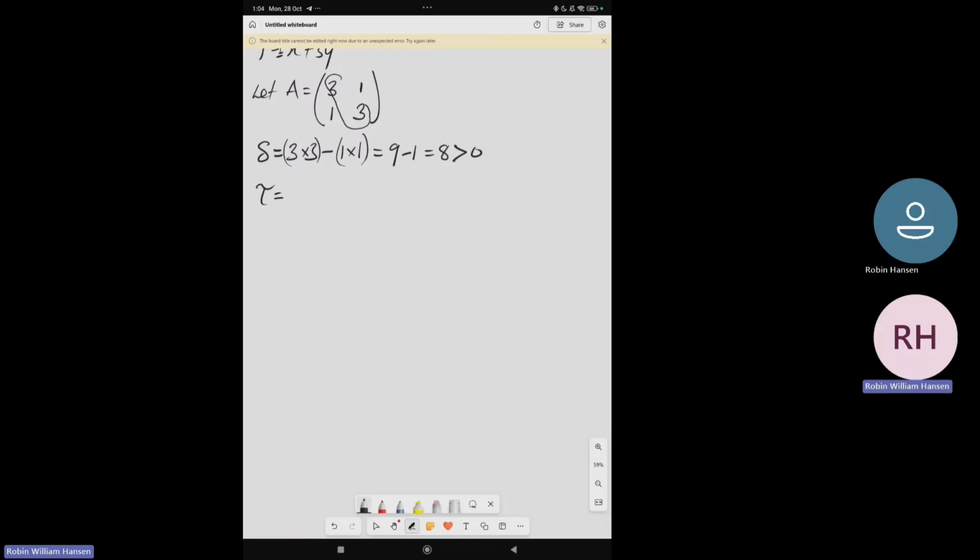We have 3 plus 3, which is equal to 6. And this is also greater than 0. So this means that the system is a node. We're going to look at which type of node, whether it is a stable node or an unstable node.